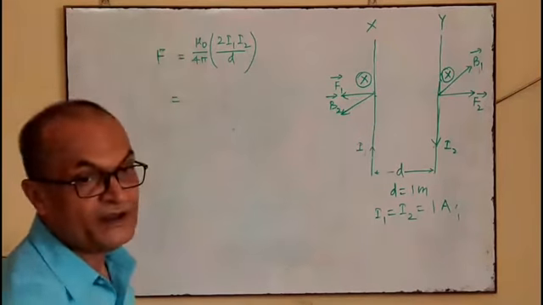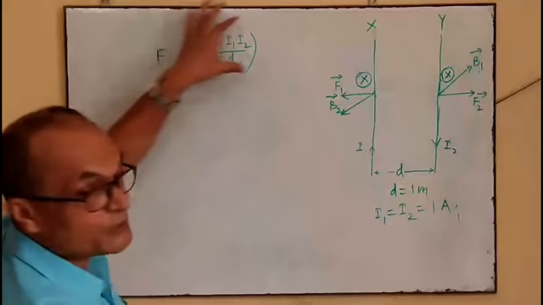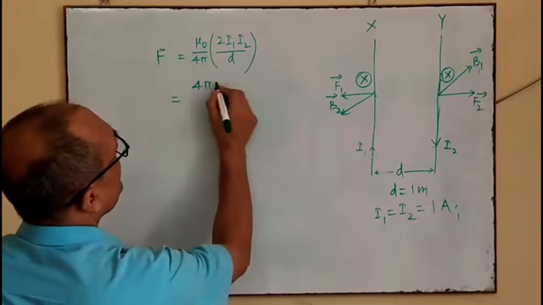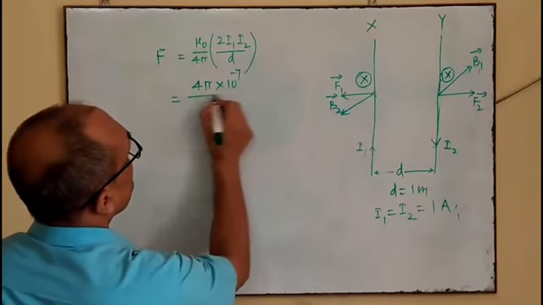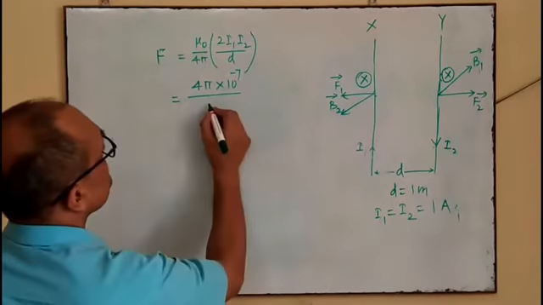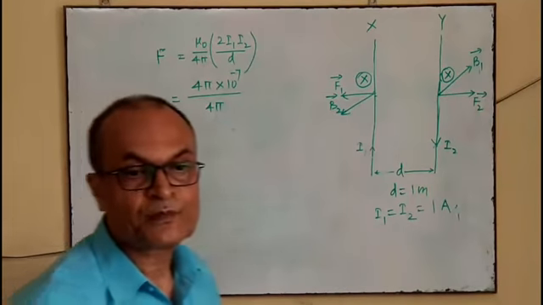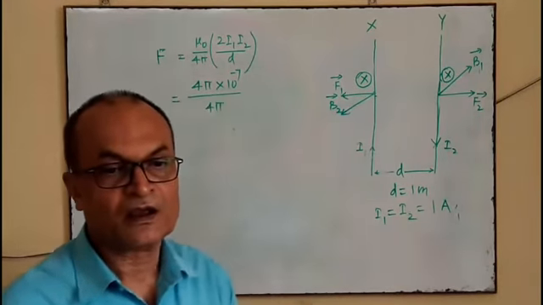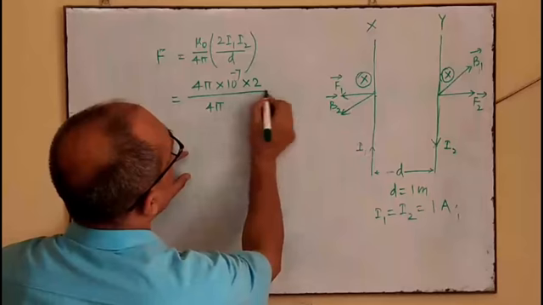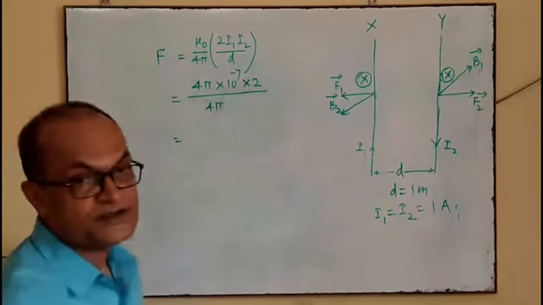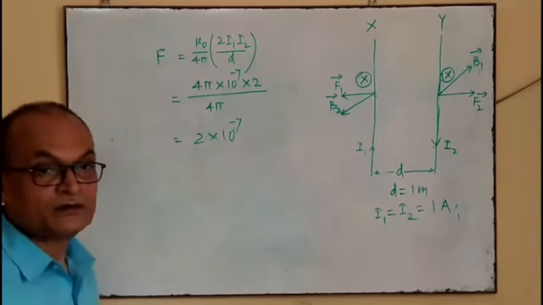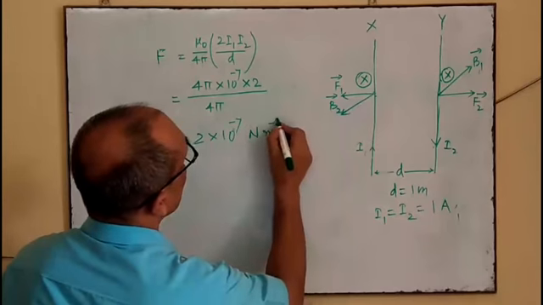So mu naught by 4 pi is 10 to the power minus 7. Now we put the values of each and everything, and we will see it is 4 pi into 10 to the power minus 7 by 4 pi, and the value of this 2 is also left, so it is 2 into 10 to the power minus 7 Newton per meter.